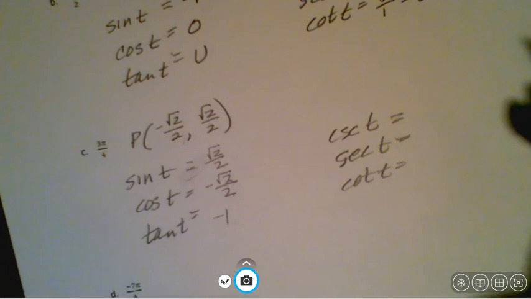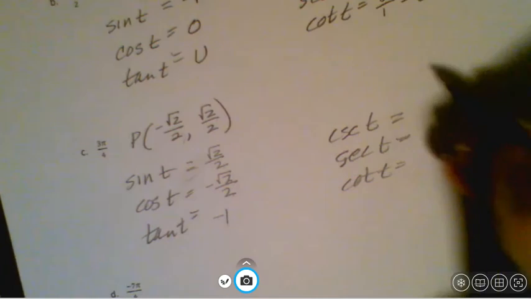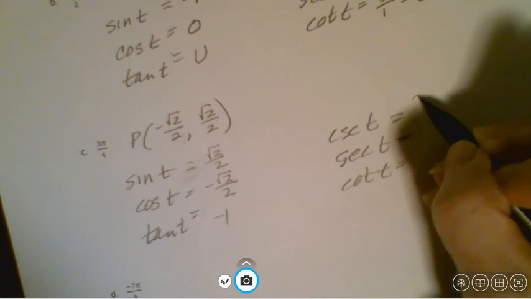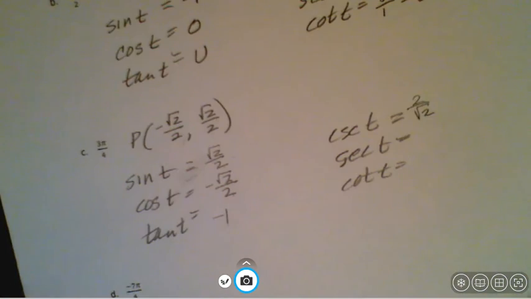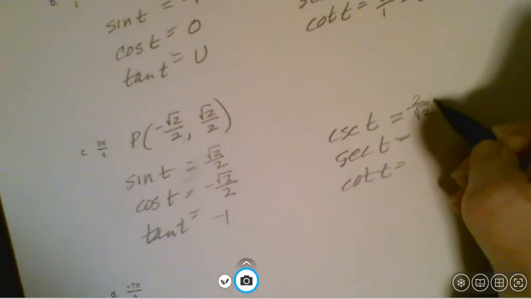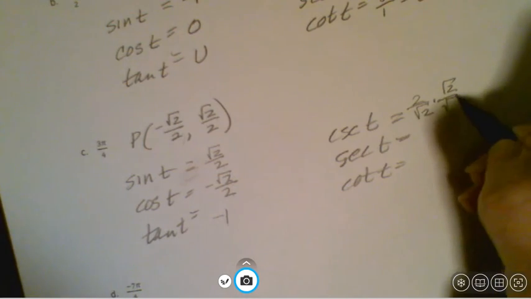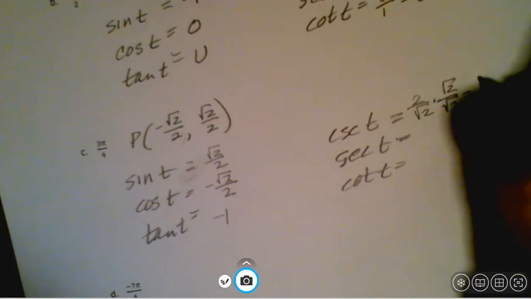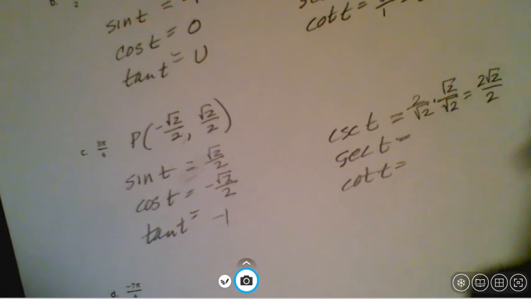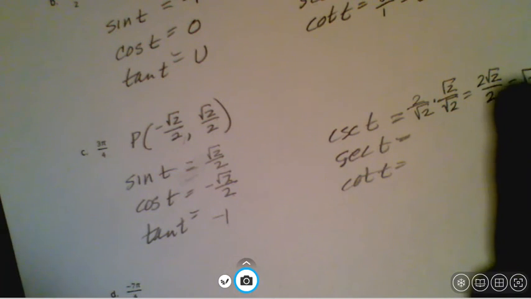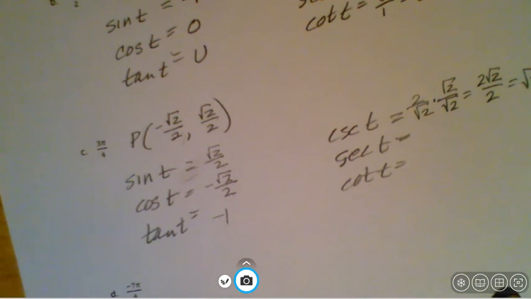It's the reciprocal of the sine, right? So we would have 2 over the square root of 2. But we'll often see this with the denominator rationalized. So we get 2 square root of 2 over 2, which is the square root of 2, right?